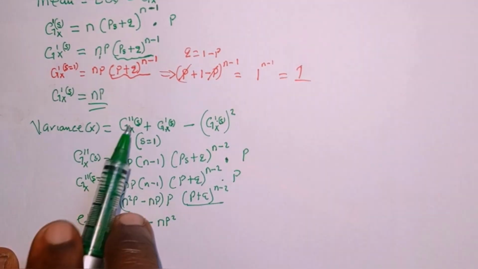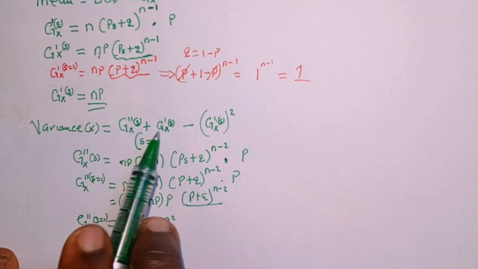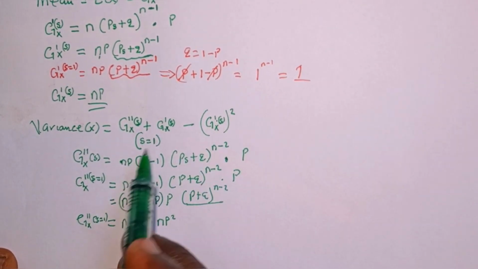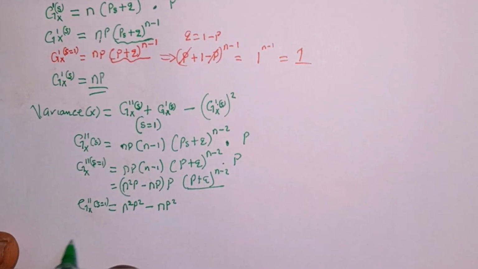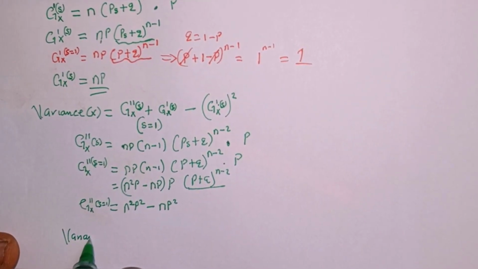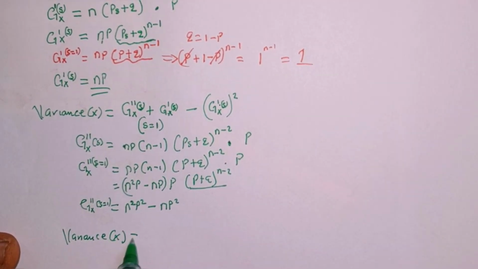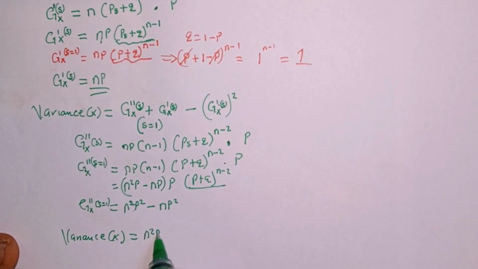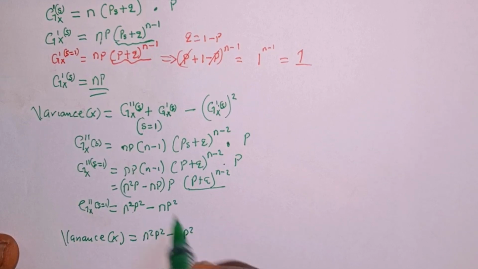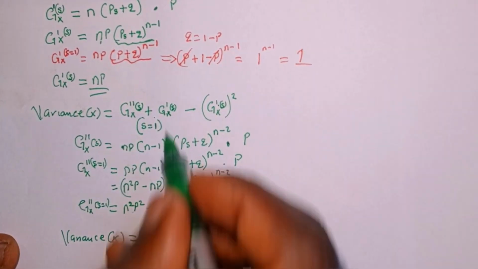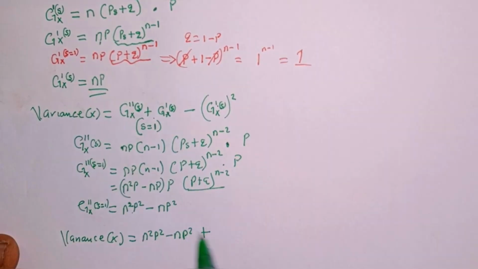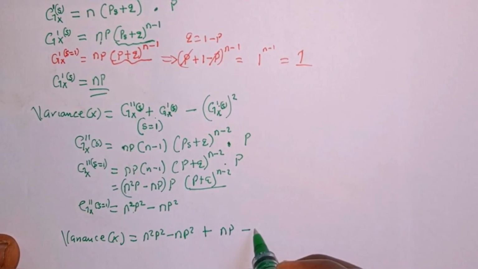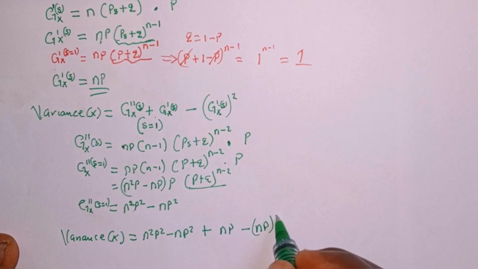So recall that the variance is the second derivative plus the first derivative minus the first derivative all squared, with s equal to 1. So the variance of x is equal to the second derivative, n square p square minus np square, plus the first derivative, which is np, minus the first derivative all squared, which is np all squared.